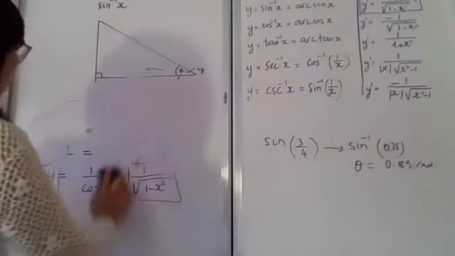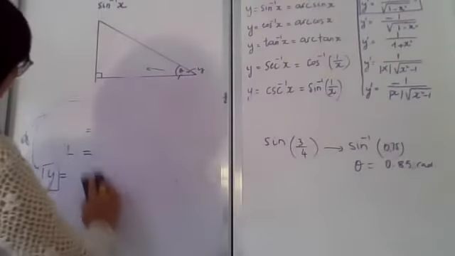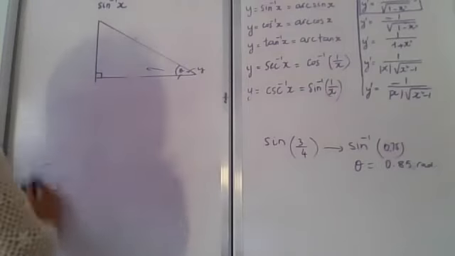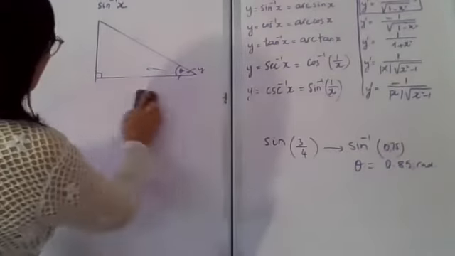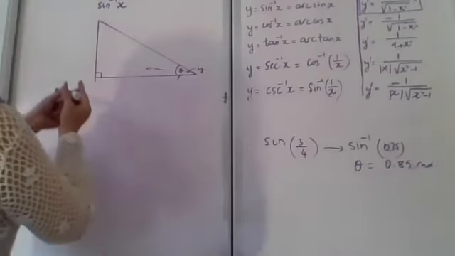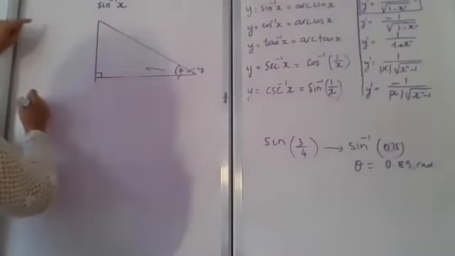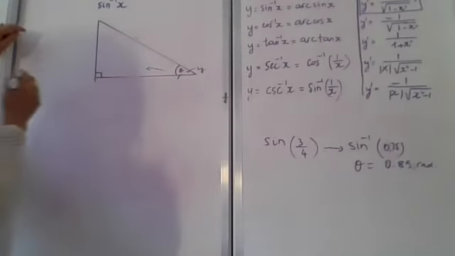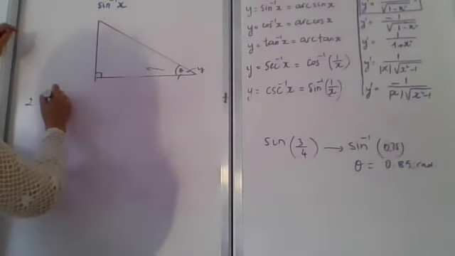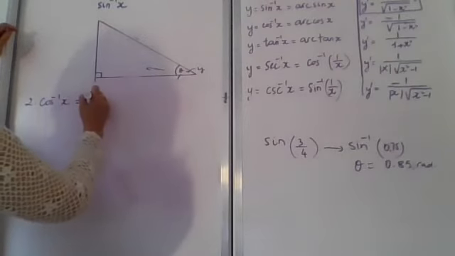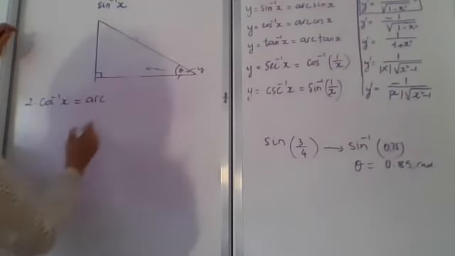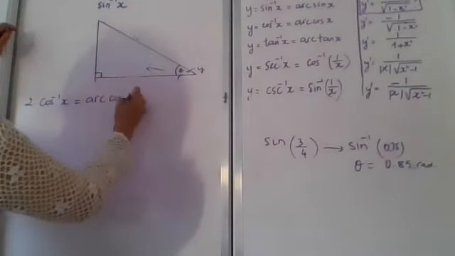Now let's do the cos one. So I'm going to do number 2, which is cos minus 1 on top of x, or I'm going to say this is like cos x, right?